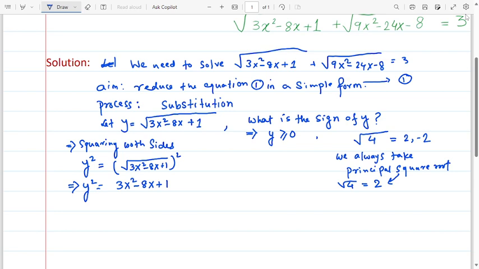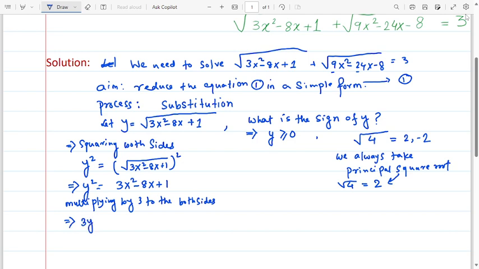Now please see the second term of the equation, this part. You can see there is a term 9x square minus 24x. So if we multiply this term by 3, we can get the first term. Okay, let's see. So now multiplying by 3 to both sides of the equation. This is very easy. So what do we get?